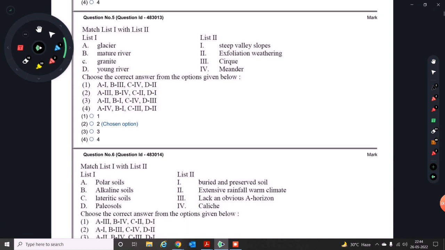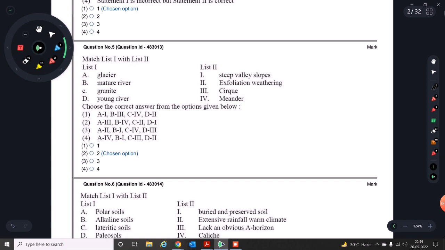Moving on to the next question. We have a match the columns question here: match List 1 with List 2, and choose the correct answer from the options given below. We will see one by one. It says first, glacier. It is asking about a landform. Cirque is a glacier landform.